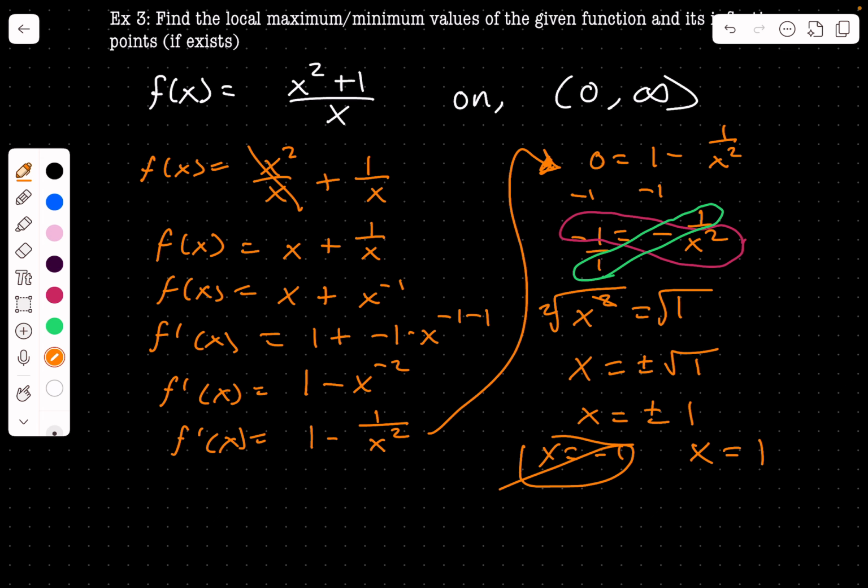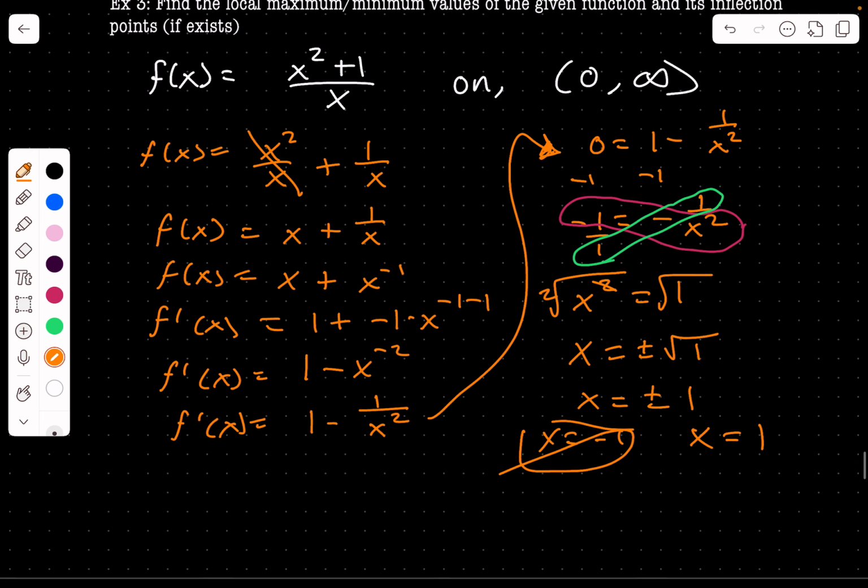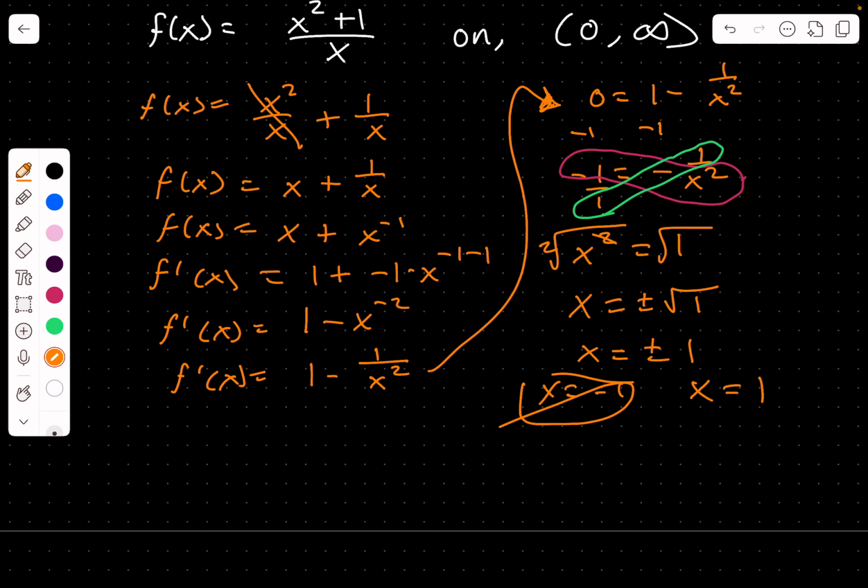Okay, now let's find its matching coordinate, right? To do this, we're just going to plug it in to f of x, right? And this is going to give us 1 squared plus 1 over 1.